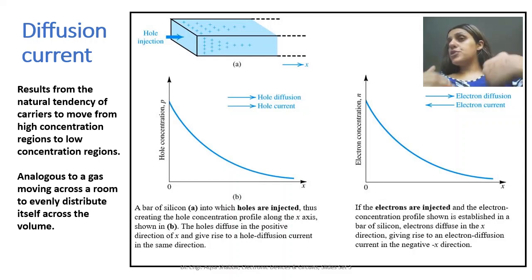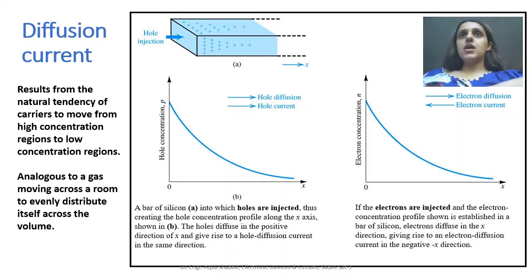We know from school that if we spray an air freshener or perfume in one corner of the room, due to diffusion, that good scent spreads throughout the room, because the molecules are in high concentration at one place, so they naturally move towards areas of lower concentration.